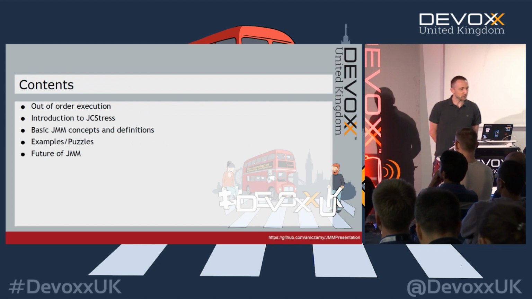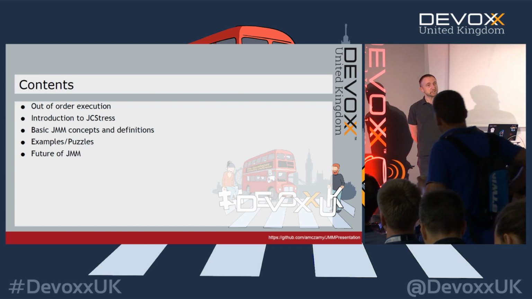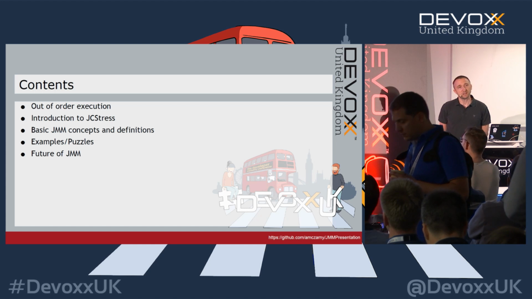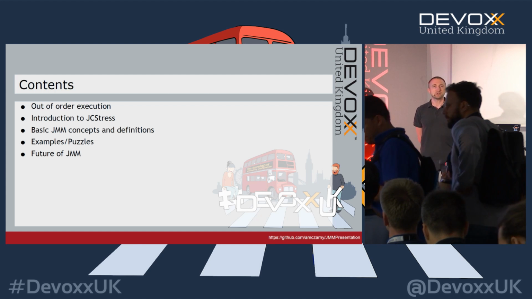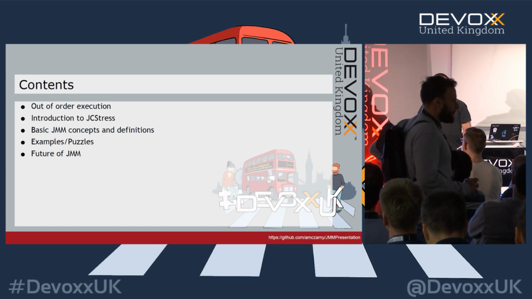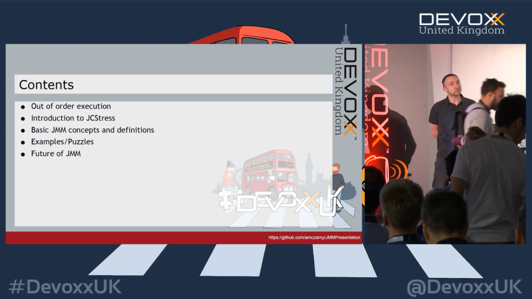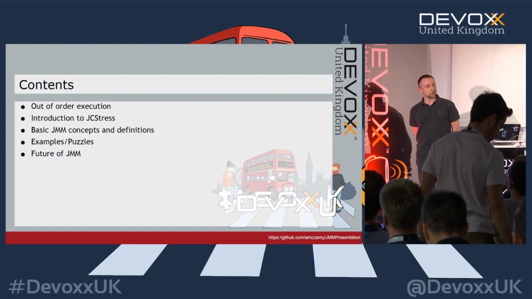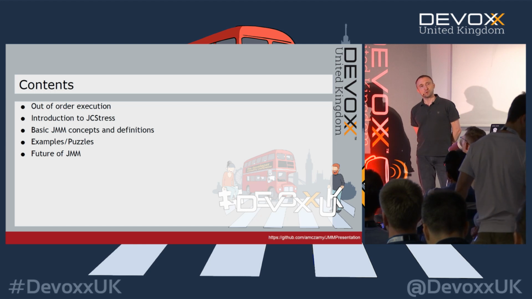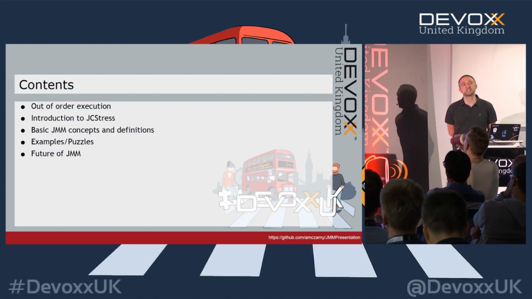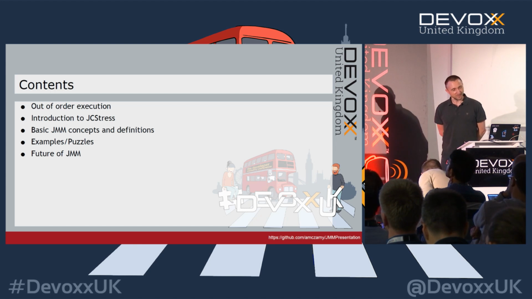What we are going to talk about today: we will start with out-of-order execution. We will try to understand why multiple threads don't have the same point of view on memory. Then we will have a short introduction to the JCStress framework, which is one of the OpenJDK frameworks, which allows you to test assumptions from the Java memory model.